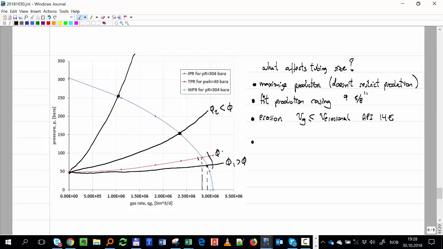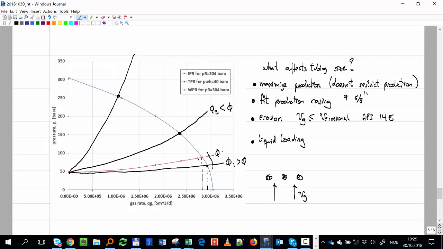Another thing we have to take into account is liquid loading. Okay? Very seldom do we have just pure gas flowing through the tubing. In most cases, we have some liquid coming with that gas. And that liquid is usually in the form of droplets that are dragged up by the velocity of the gas.